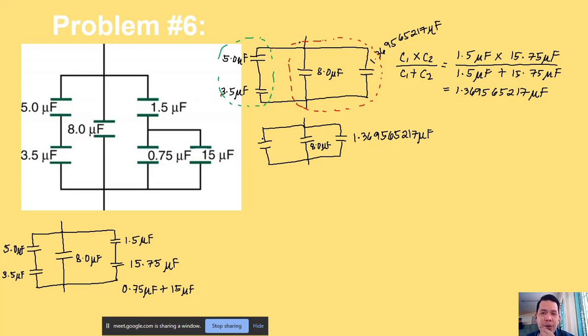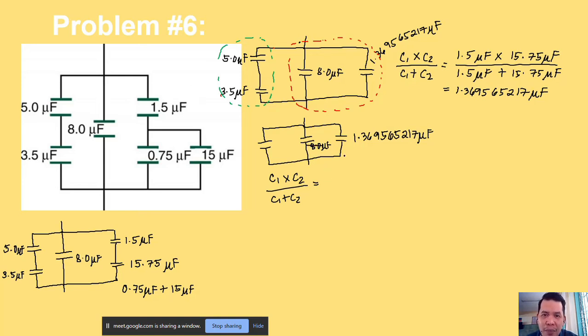microfarad. So, 5.0 microfarad and 3.5 microfarad are connected in series. So, ang formula po na gagamitan po natin is C sub 1 times C sub 2 over C sub 1 plus C sub 2. Substitution lamang po, C sub 1, that depends on how will you denote po our capacitors.